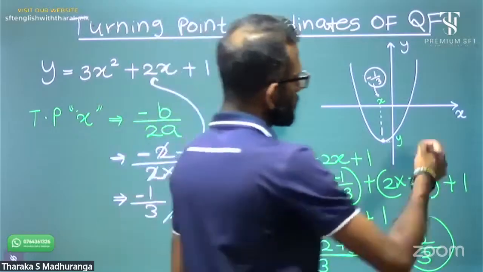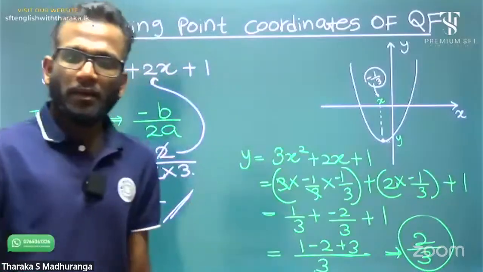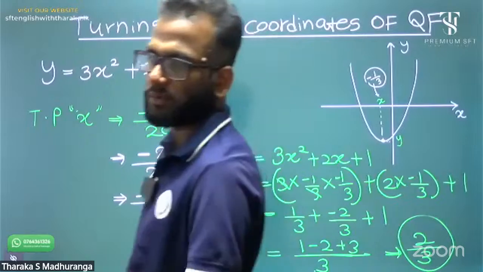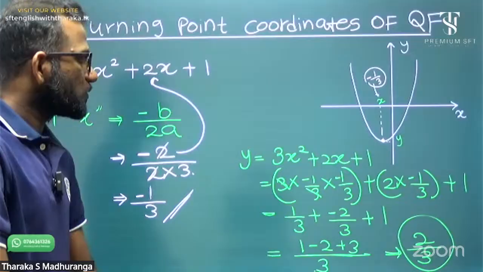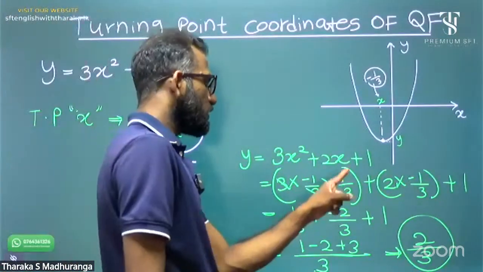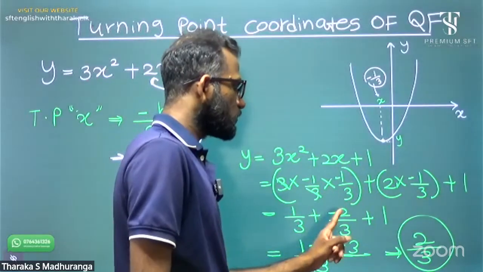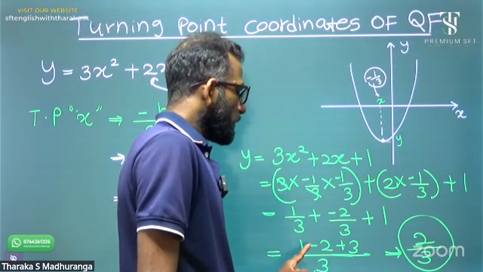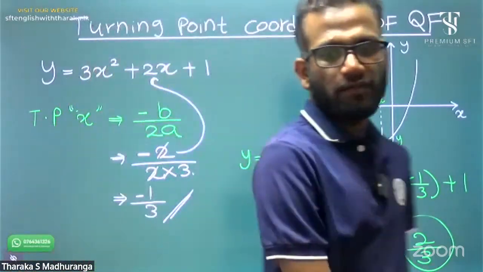Okay, this is the y coordinate, the turning point y coordinate value. Check again: minus 1 into minus 1 over 3, correct? 2 into minus 1, minus 2, divided by 3, plus 1. Yes, correct. 2 over 3 is the value.